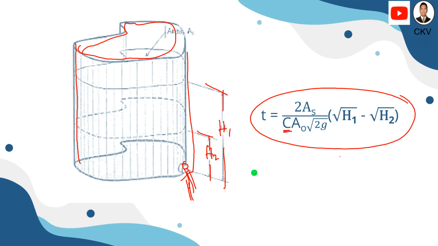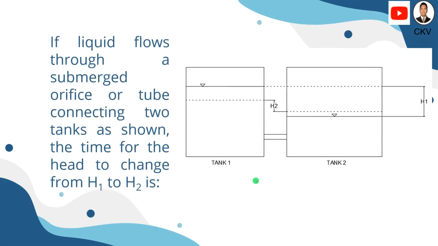Next, if the liquid flows through a submerged orifice, here's your orifice or tube connecting two tanks, the time for the head to change from h1 to h2 is, so in this situation, if we have this initial water level or liquid level, then we have an orifice connecting these two tanks.